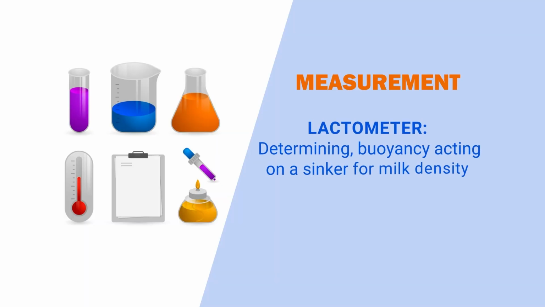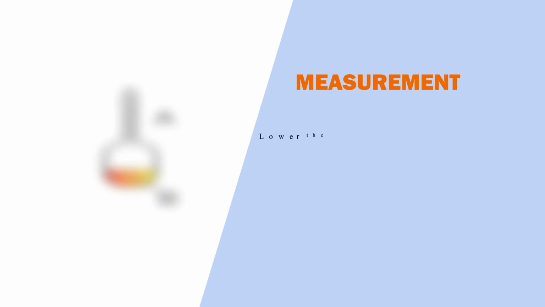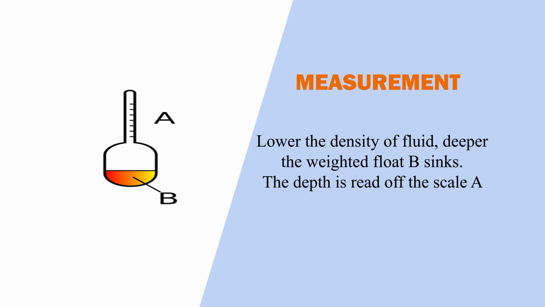It can be meant for alcohol, it can be meant for molasses, it can be designed for any kind of solvent. Lactometer is a type of hydrometer designed for checking the specific gravity or density of milk.